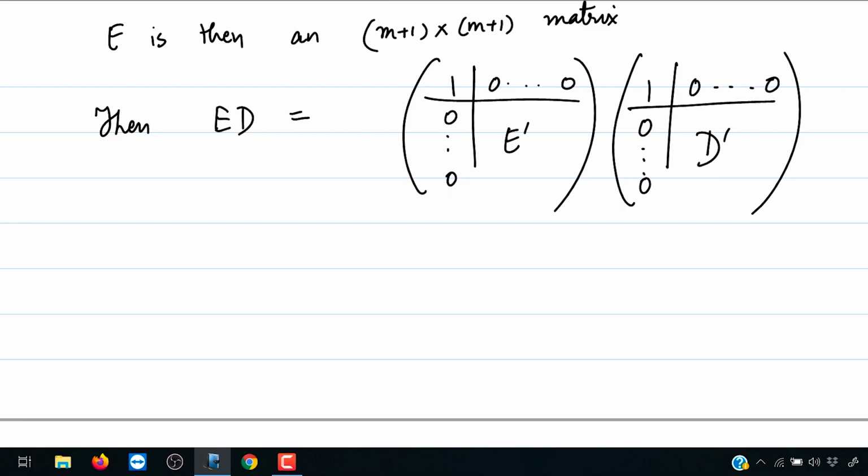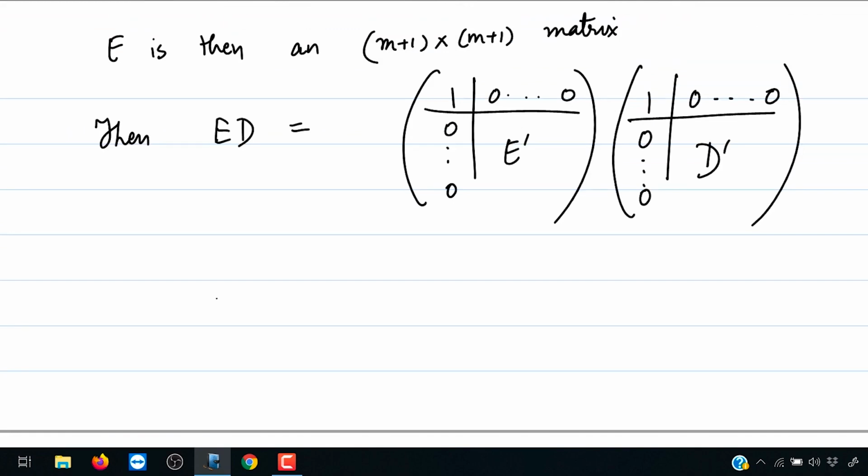Okay, so I would ideally like to leave it as an exercise for you to check that this is going to give a matrix of this type.